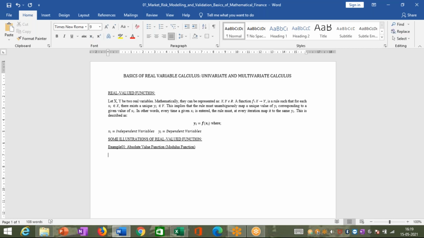So example one, the first example, is the absolute value function. Let's try to see how this thing works.